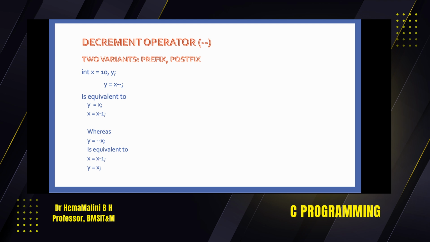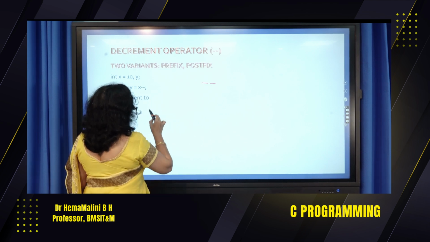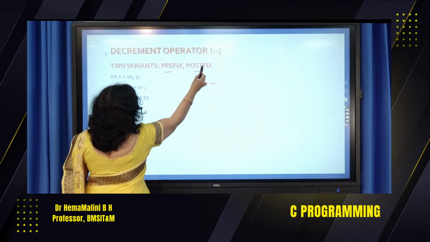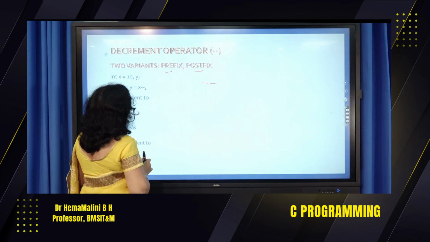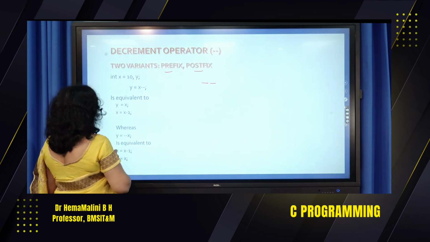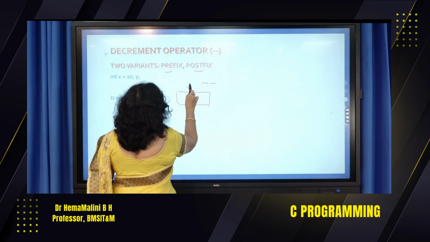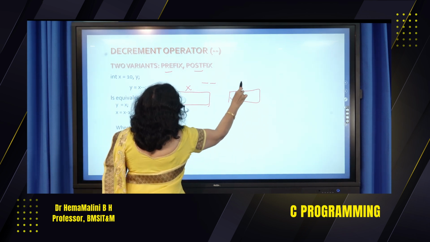Now let's see the decrement operator, minus minus. Even here we have two variants. One is prefix, the other one is postfix. We call it pre-decrement and post-decrement. Let's take the same example. Say we have x, we have a y.